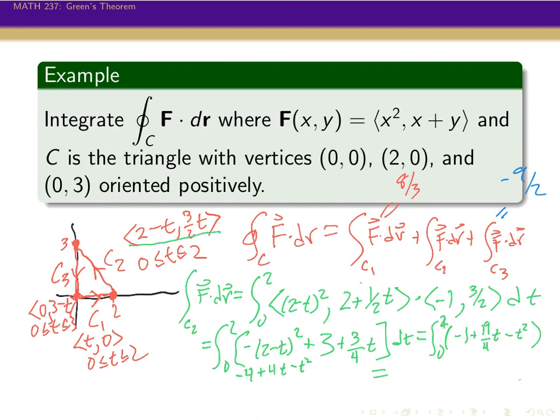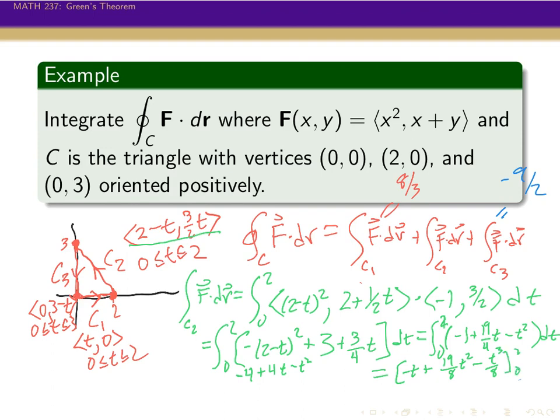And so taking the integral now, I'm going to have minus t plus 19 over 8 t squared minus t cubed over 3, and we're going from 0 to 2.